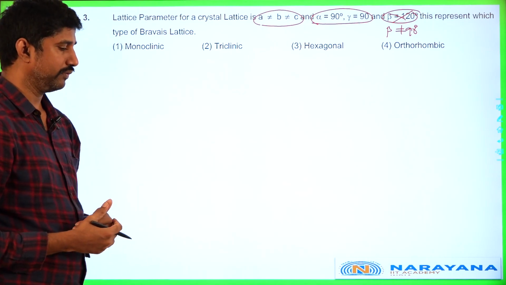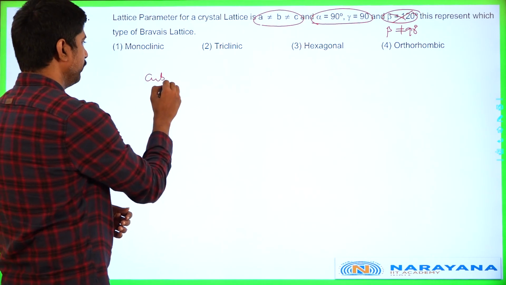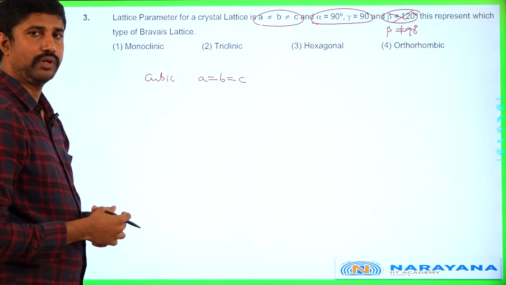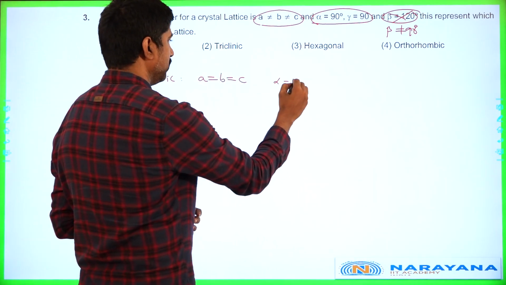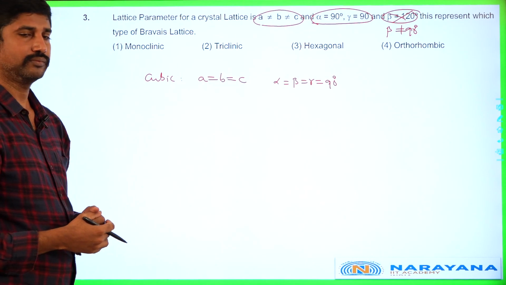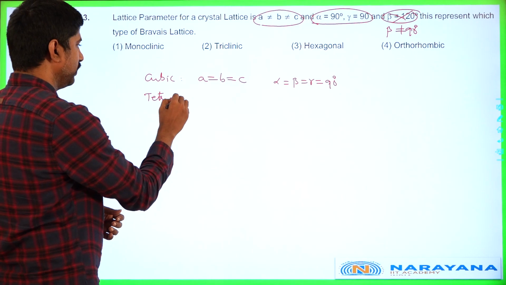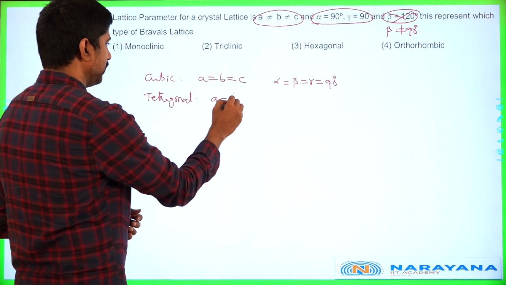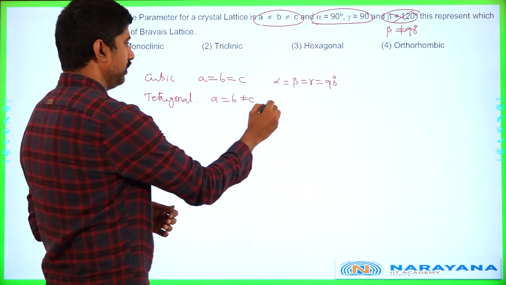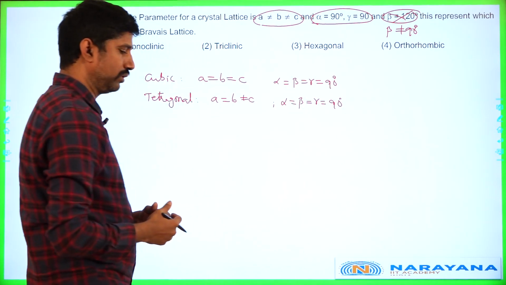If you go for the first category, that is cubic. In the case of cubic, a, b and c are equal, and alpha, beta, gamma are all equal to 90. Next, tetragonal: a is equal to b not equal to c, and alpha, beta, gamma are all equal to 90.